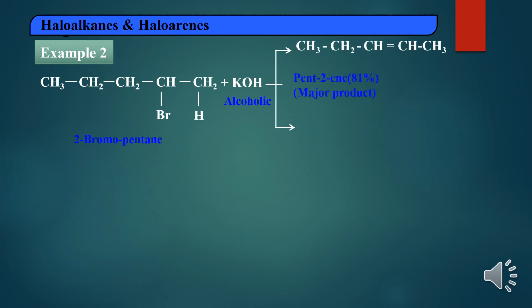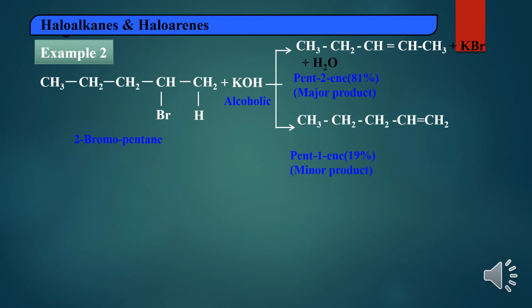If you eliminate from the left side beta carbon atom, then you will get the product pent-2-ene. If you eliminate the hydrogen from the right side beta carbon atom, then you will get the product pent-1-ene.